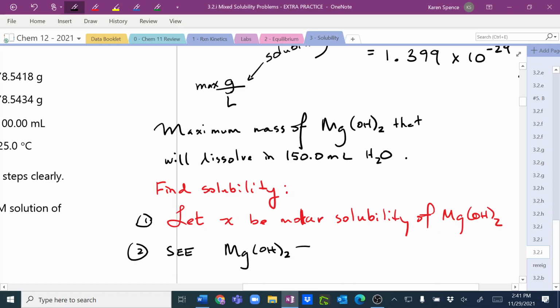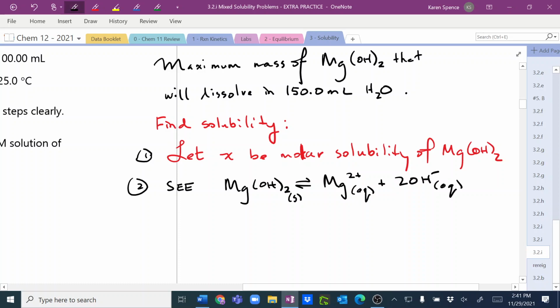Mg(OH)2 in equilibrium with Mg2+ plus 2OH minus. And then the third thing, because we're putting in X's, we're going to put in our X's here and here and here, except that I forgot the 2. There we go.